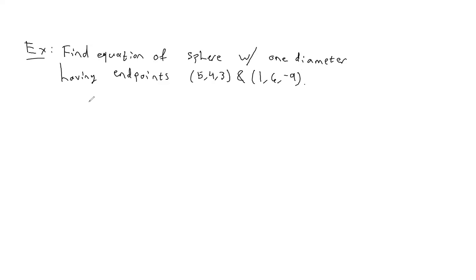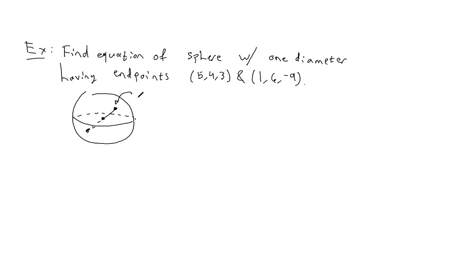What does that mean? Well, what we should be imagining in this case is we've got our sphere, and it's got some center. We're going to find that center. But we've also got a diameter that's going through it.